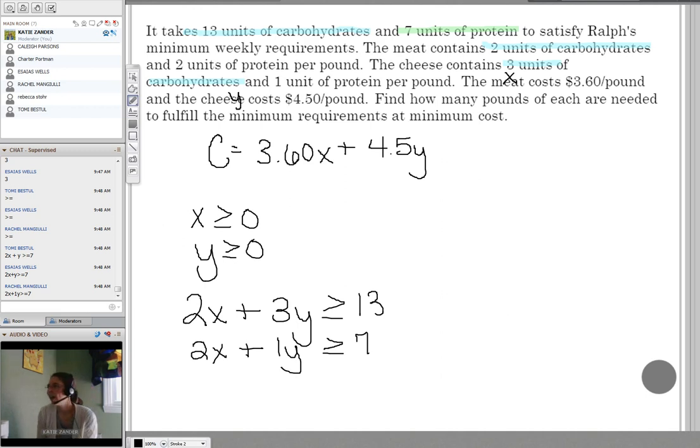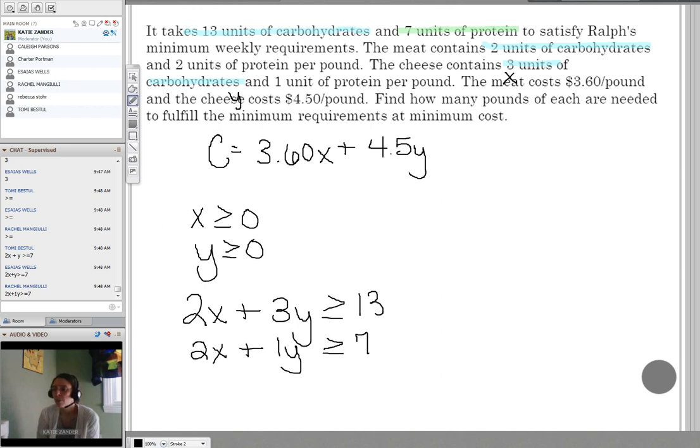Good. All right, so those are your constraints. Because it doesn't give us a maximum or minimum amount we can spend, there's no constraint that we can create for the price. So the price is strictly just going to be kept for our objective function this time. So we cannot create a constraint for the price here.